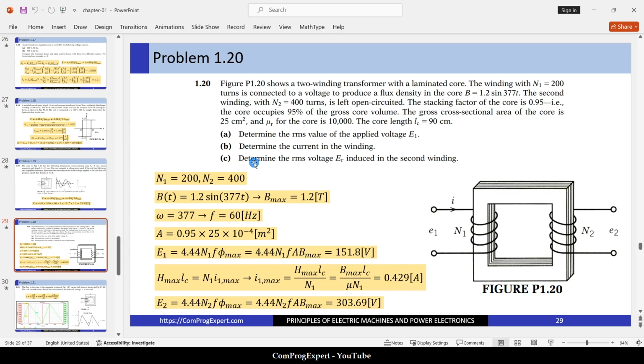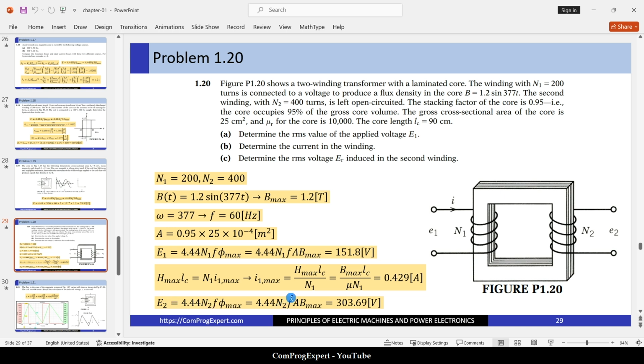Okay, so finally, what is the value of the E induced voltage in the second winding? The second winding is open circuit, and we can use the same equation like this to calculate the induced voltage. Here, just the number of turns is N2.